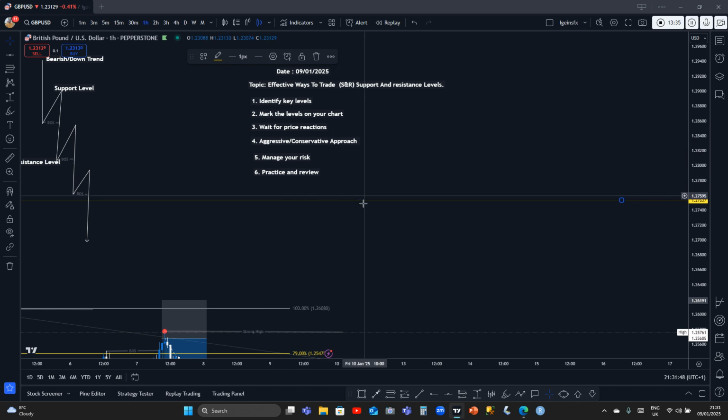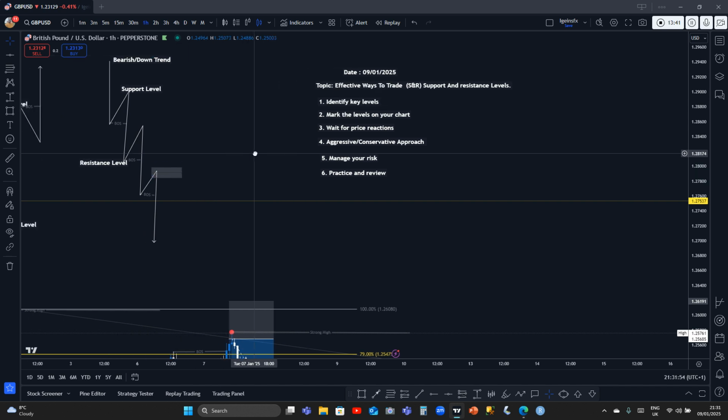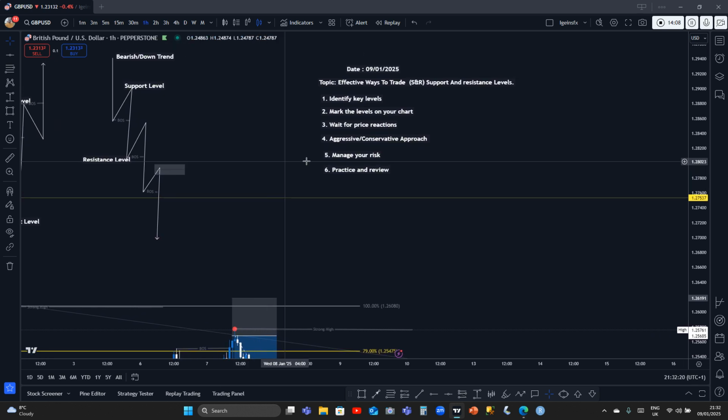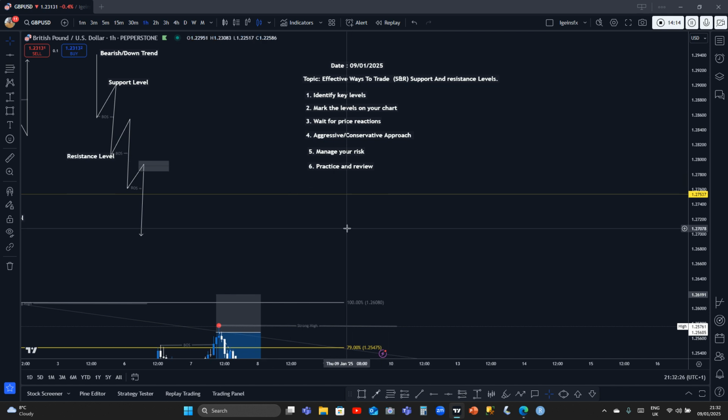For example, if price should get to this level and you want to go short, then you look first to see whether it will give you an evening star or a pin bar rejection, showing that there is selling pressure. All right, once you see it, then you will decide whether to use an aggressive entry or a conservative approach to take position. All right, so I will explain.